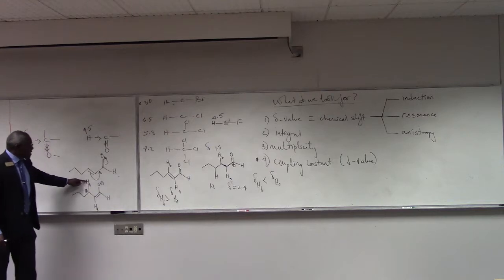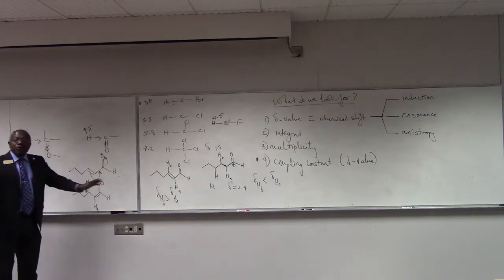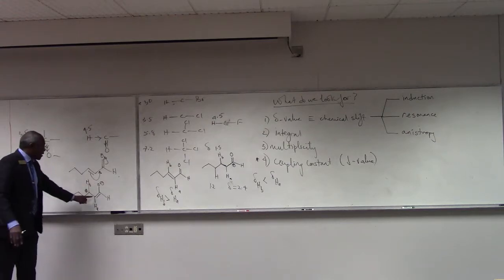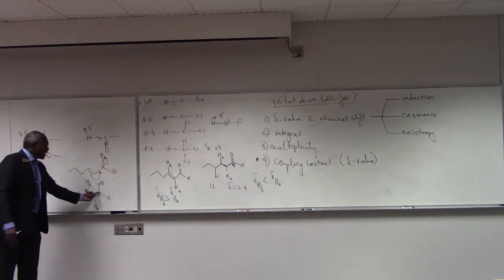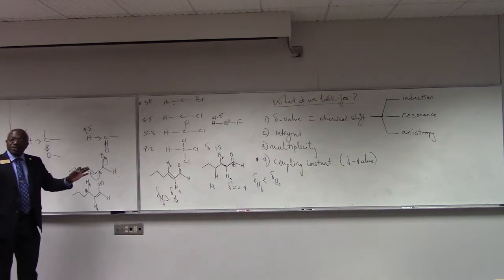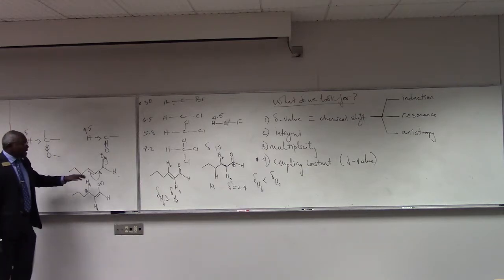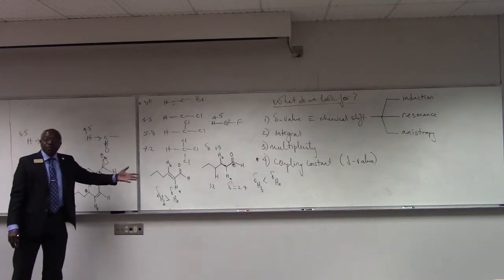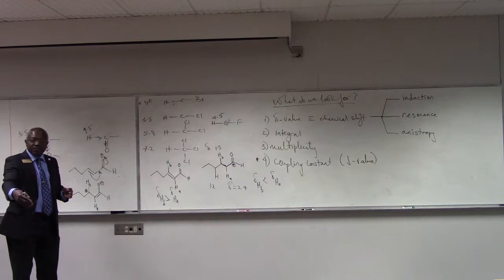So this H is actually now bled of electron density more than HA because there are no resonance forms in which that carbon has a positive charge. So yes, induction is operational, but resonance beats induction. So the delta value of HB is actually much higher, by a good unit or more, than the delta value of HA, and that's a consequence of resonance.